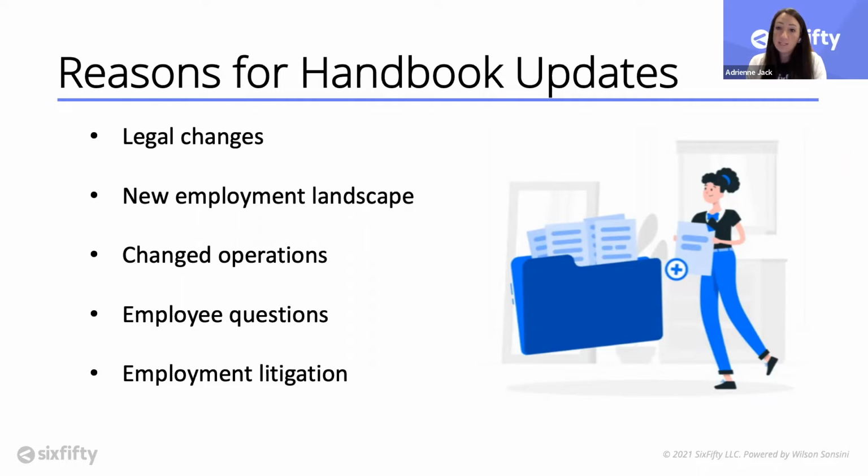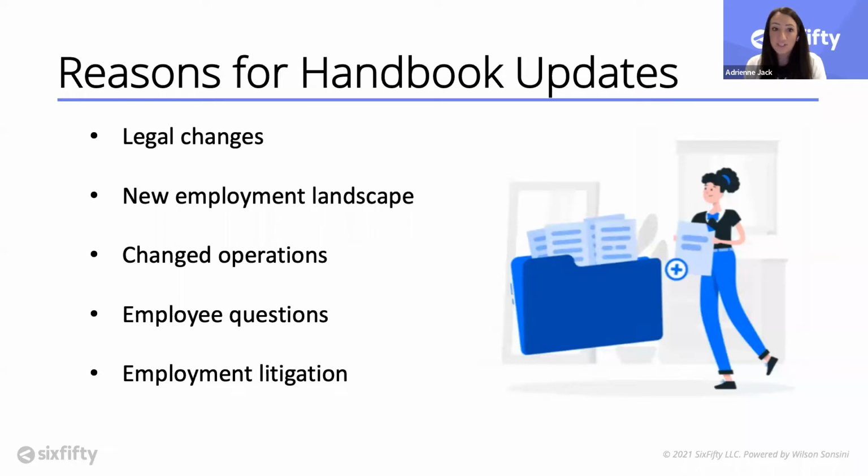And then another one is if an employee has questions. So if an employee has a question about a company policy or procedure, and then the company goes to answer that question and realizes, oh, we don't have a policy that addresses this, or our current policy is vague and doesn't really address the employee's question, that's a great time to update the employee handbook to clarify that particular issue.